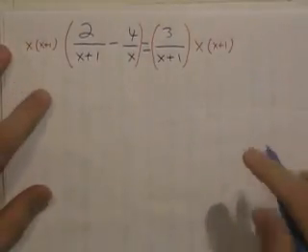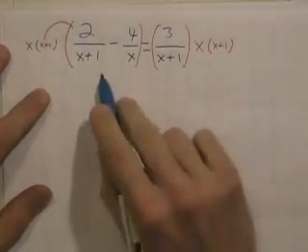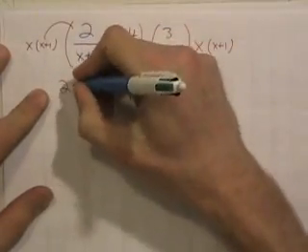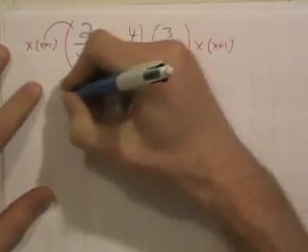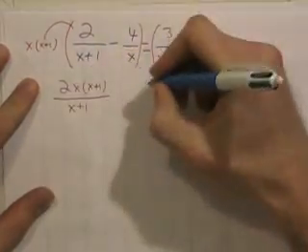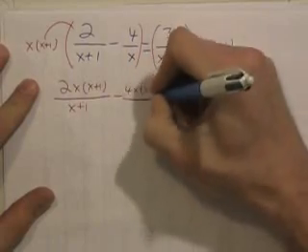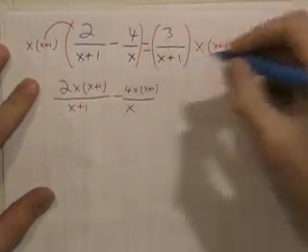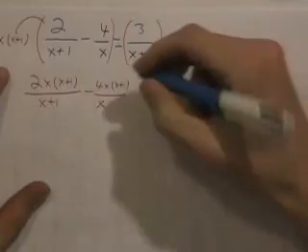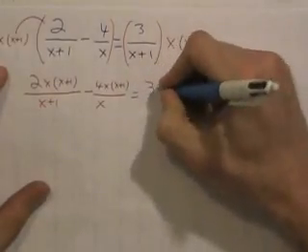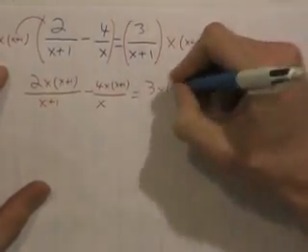After I distribute that in, on this side I'll get 2x plus 1 over x plus 1 minus 4x x plus 1 over x, and on the other side that'll give me 3x x plus 1 over x plus 1.